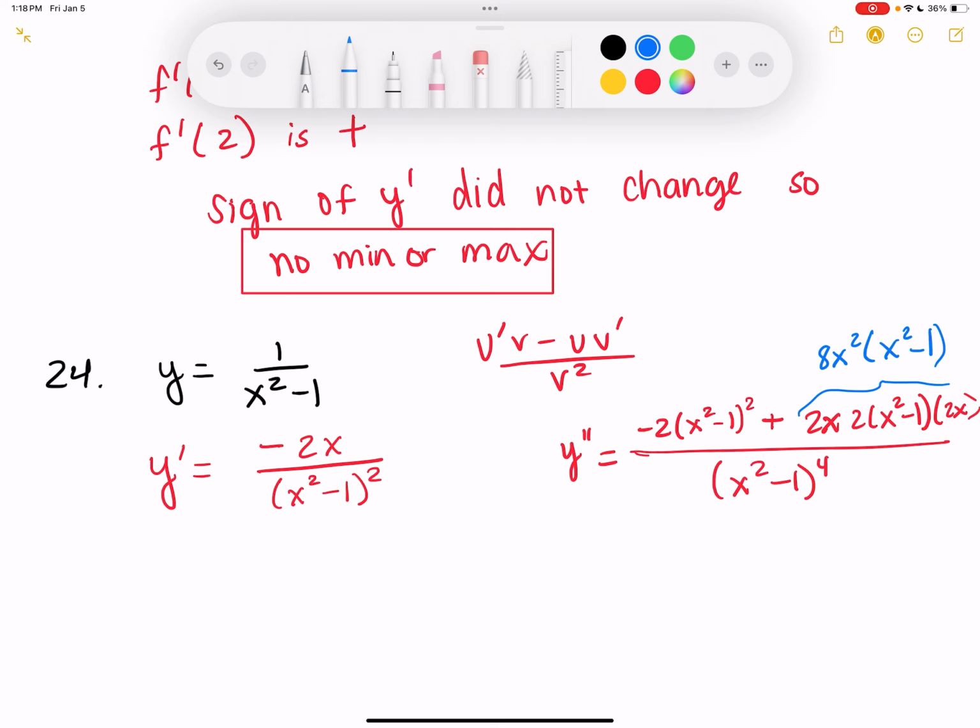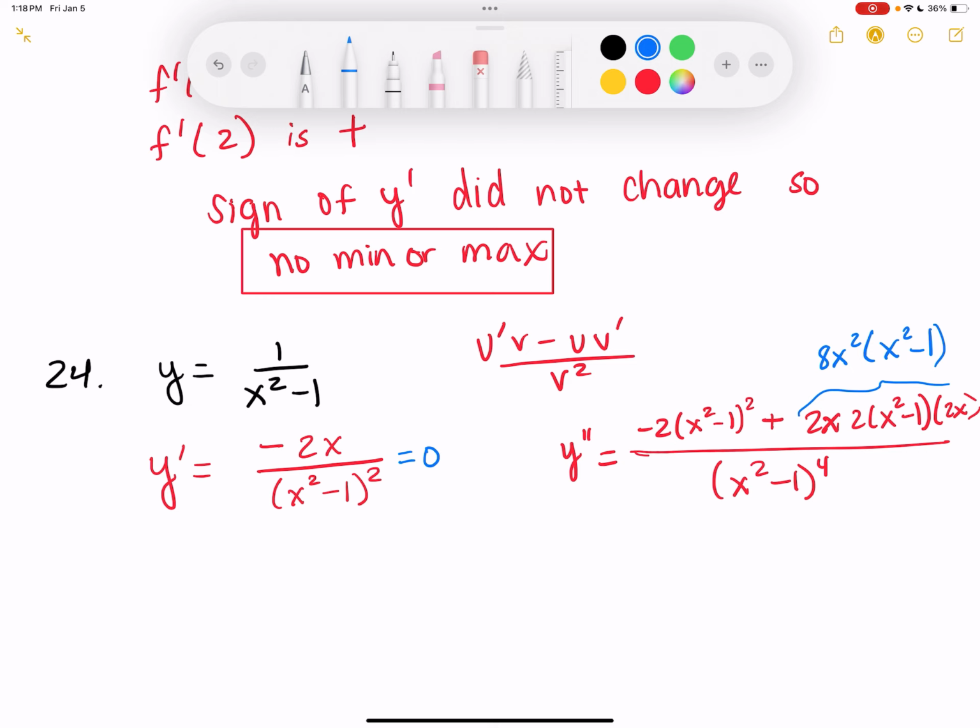All right, so I need to find out where this is equal to 0. When I have a fraction and I'm setting it equal to 0, what's the only way for it to be 0?